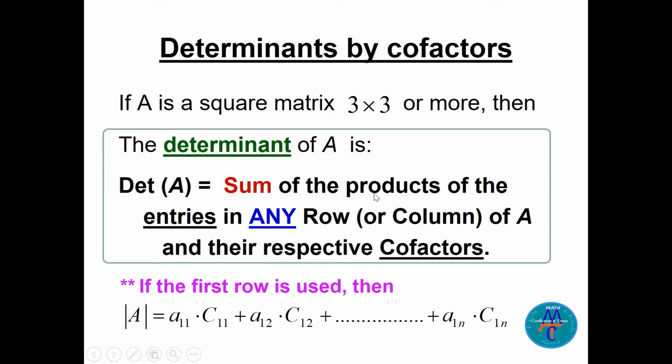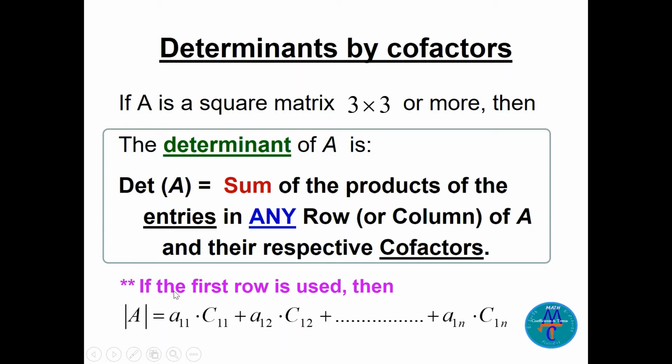These things are the product of the entries in any row or column. That means we have to choose any row or column from the matrix, and then we find the respective cofactors. If we choose, let's say, row 1, we find the cofactors of all the entries in row 1. If we choose column 2, we find the cofactors of all the entries in column 2.